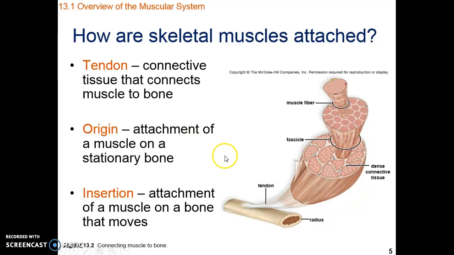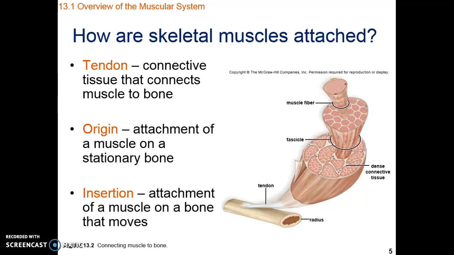Alright, and there's also what's called the origin, the attachment of muscle on a stationary bone, and then insertion, attachment of a muscle on a bone that moves. And it's kind of hard to think about these two as separate ways, but with the insertion, if you're talking about a bone that moves, such as the bones in the legs or the hands, the feet, the arms, there's going to be multiple muscles that allow for that movement.